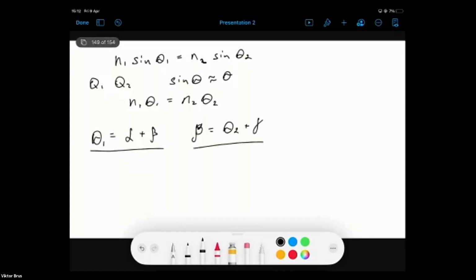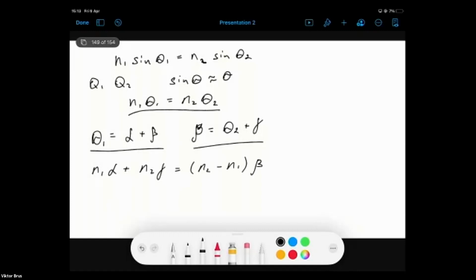Based on these relationships between these angles, we can eliminate theta 1 and theta 2 from the previous simplified equation for the law of refraction, and we will get the following: n1 times alpha plus n2 times gamma is equal to n2 minus n1 times beta.